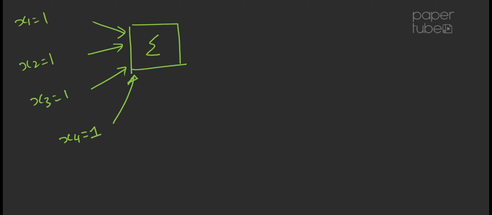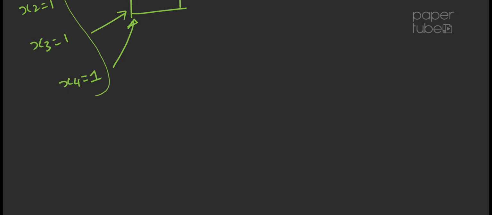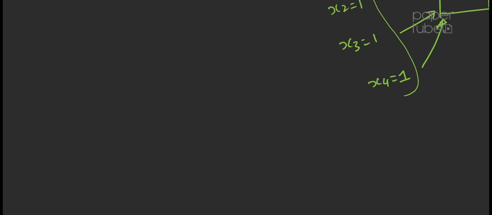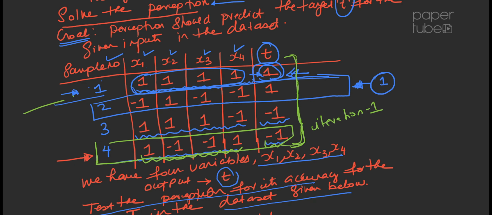All these 1s come from our actual problem. We go back to our main problem. That's the first sample, which is here. So we are doing the calculation again, taking the same data. And we already calculated the weight and bias from the previous iteration.